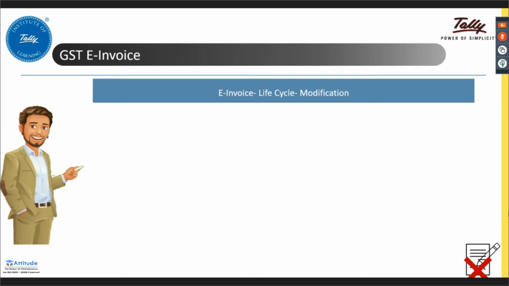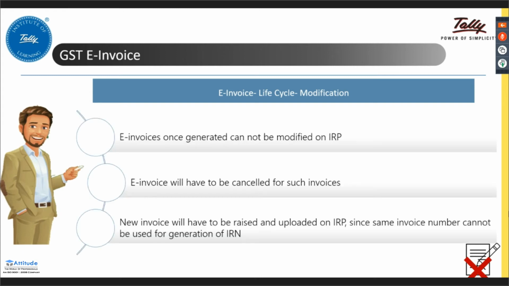And when it comes to the modification of e-invoice, any invoice generated cannot be modified on IRP. That is, it will not be possible for us to modify the already generated invoices on the Invoice Registration Portal, and e-invoices will have to be cancelled for such invoices.